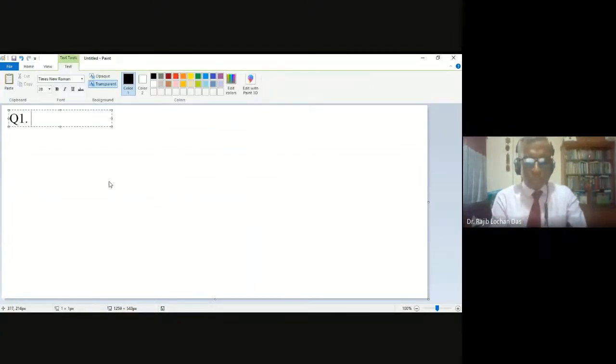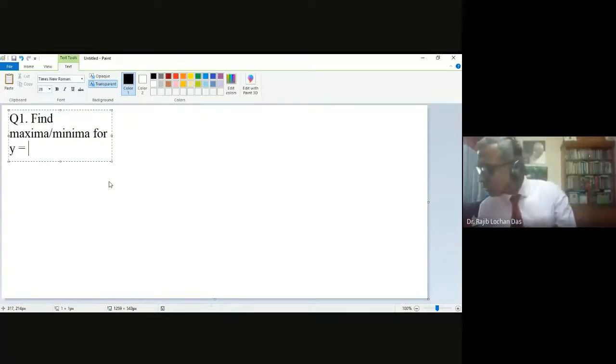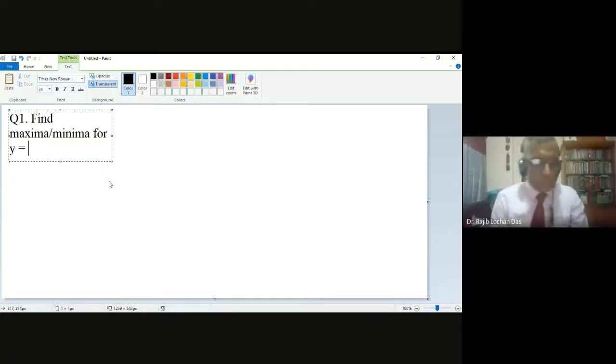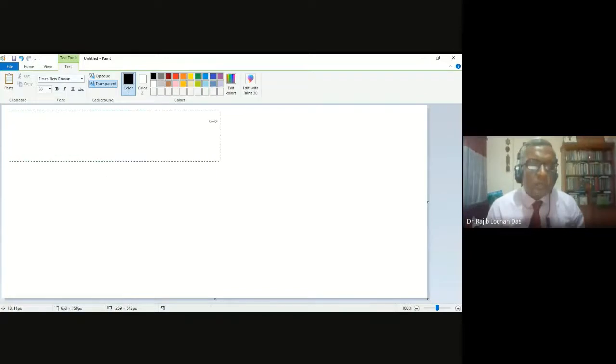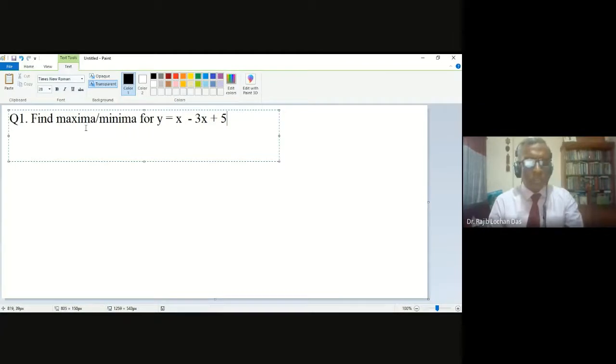So question number 1, find maxima or minima for the given equation y equal to x square minus 3x plus 5. So this is the equation and you will find out maxima or minima, which one is possible or applicable.